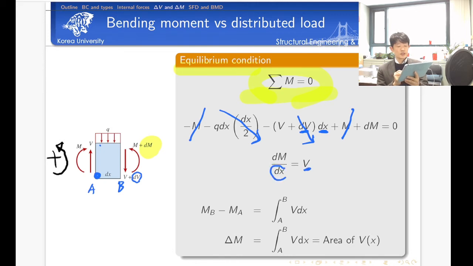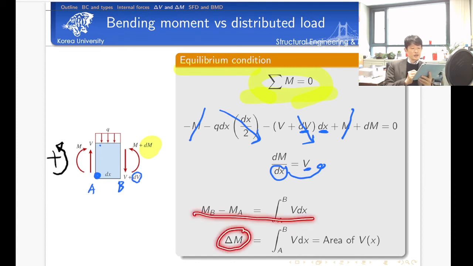So let's move dx to the right-hand side of this equation. If you do that, the change of bending moment between these two points is given by the integration of the shear force distribution. So make sure the shear force is a function of the x coordinate. Also, we can understand this equation intuitively.